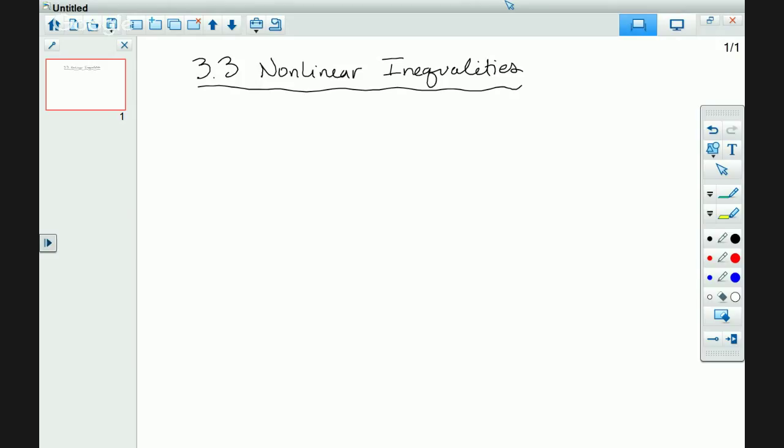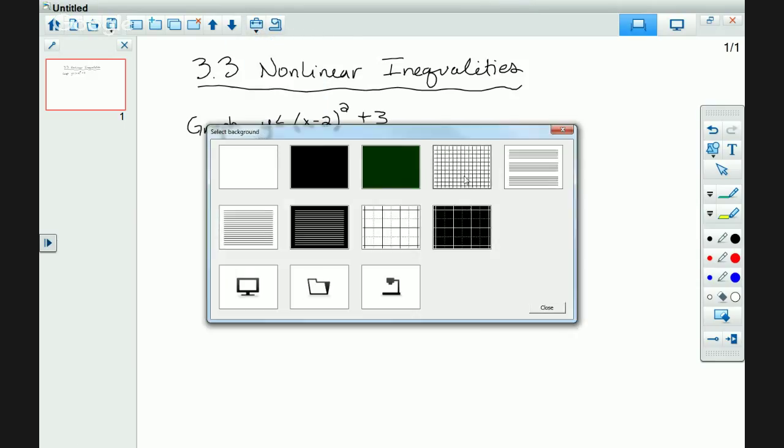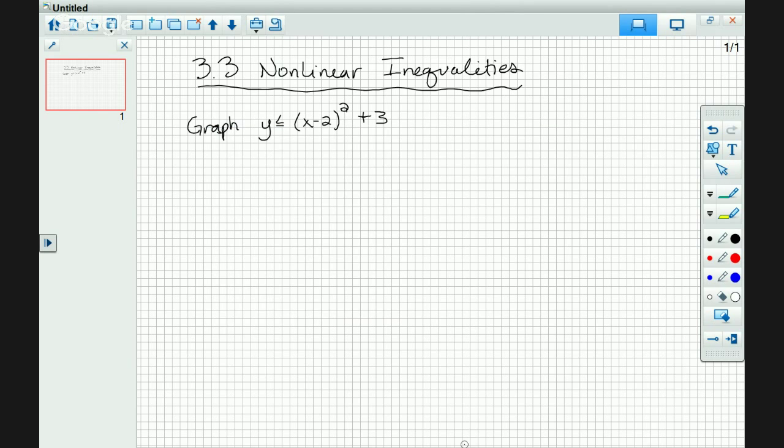So, let's start with this one. Graph. How far left, right, up, down? 2 right, 3 up.